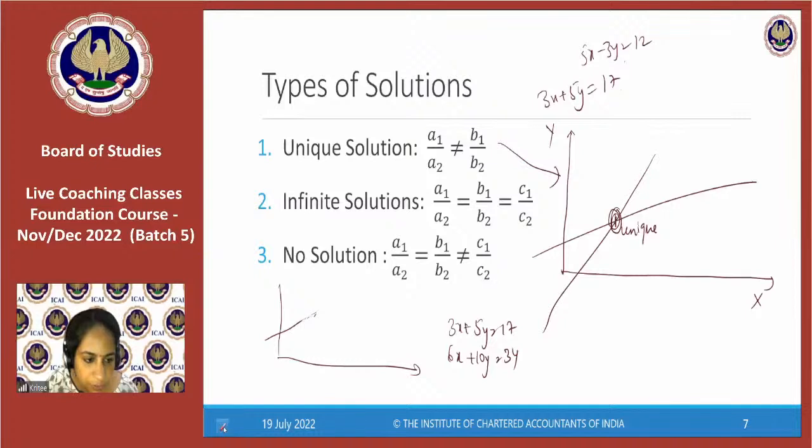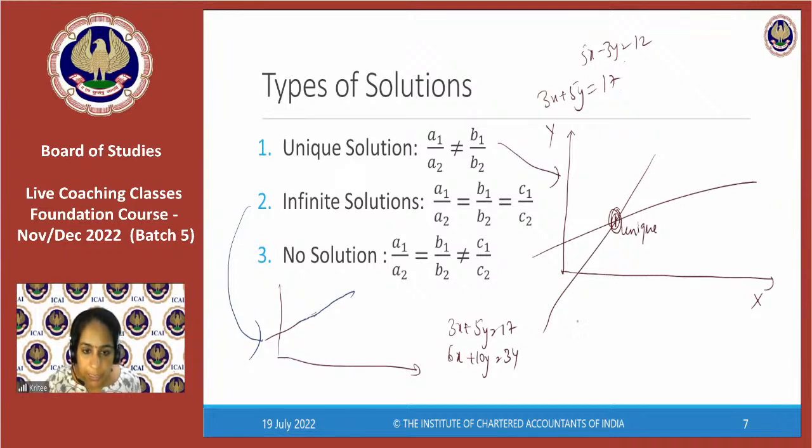Sorry, I chose the wrong color. So in a way, both the lines are one single line only. And when with two equations you get one single line, it is known as infinite solutions, because depending upon the value of x, you will get the values of y also.